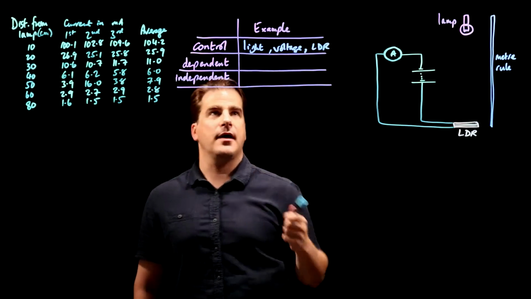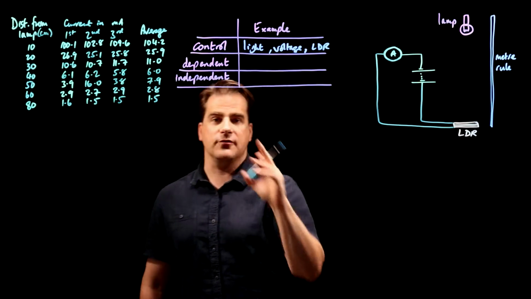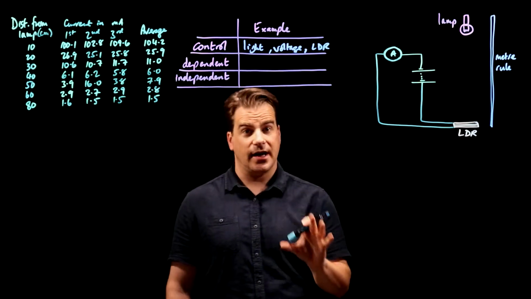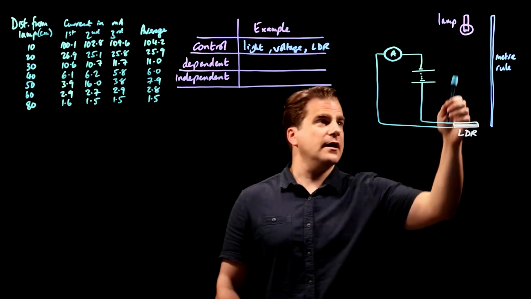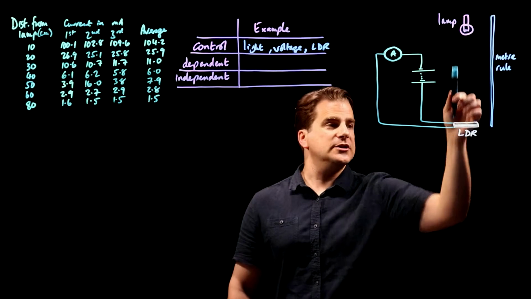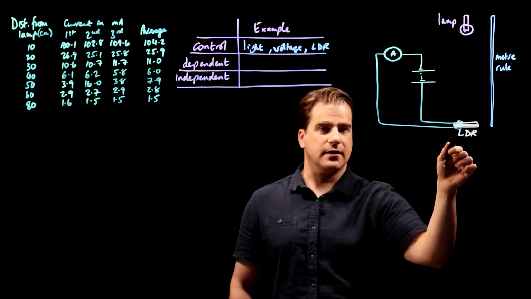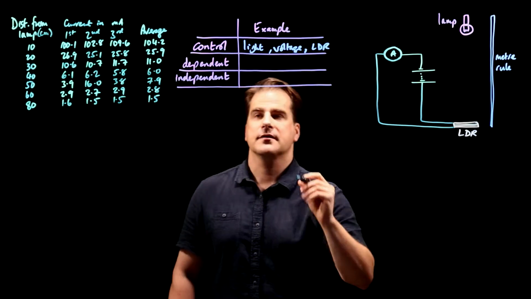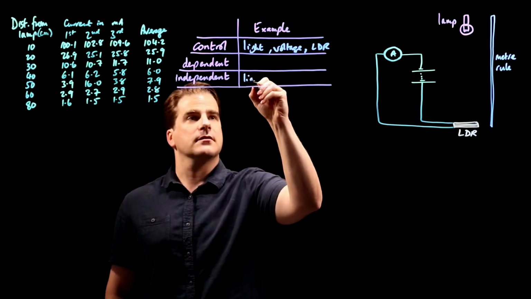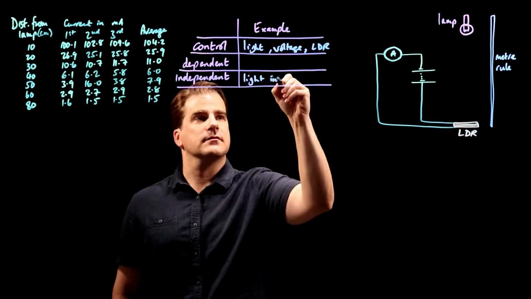right, let's do the independent variable next. The independent variable is the thing that you change, okay? So, in this case, we're changing the light intensity, okay? The amount of light that lands on the LDR. So, let's write that.